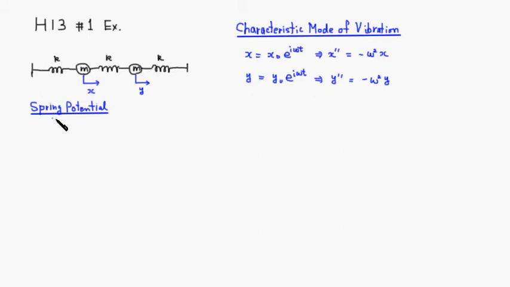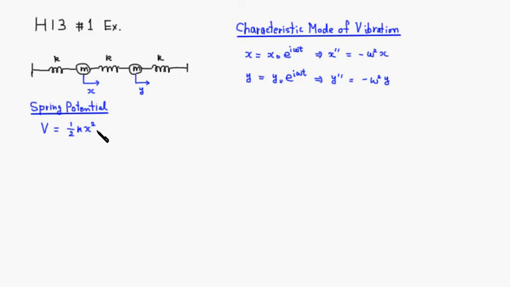Then we can look at the spring potential for the whole system. So we're going to look at the spring potential for each one and add them up. Spring potential V is equal to 1/2 times the spring constant and displacement squared. So the first spring is just going to be 1/2 spring constant k, then displacement would be x squared.